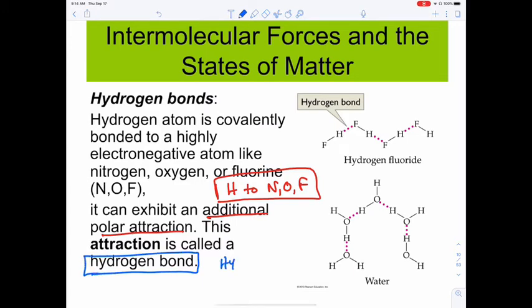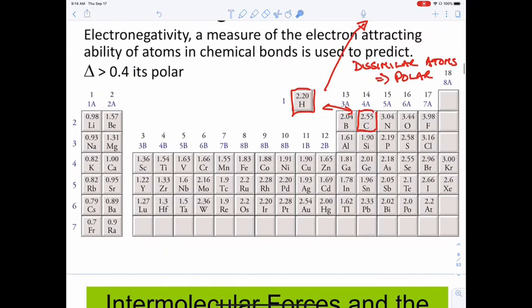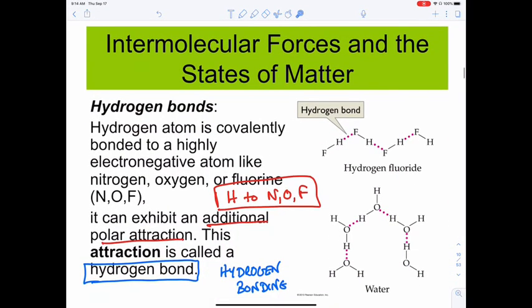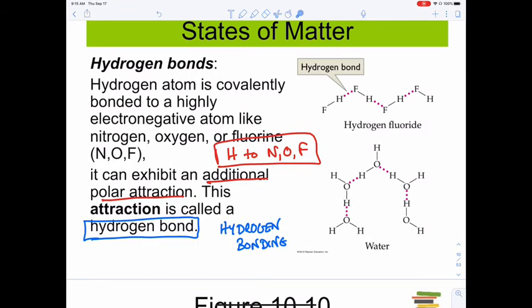Hydrogen bonding is very important in many biological systems because hydrogen is often bonded to an oxygen or a nitrogen in something like DNA, RNA, or proteins. How do I remember that it's hydrogen bonded to N, O, or F? If you look at the periodic table, these are the three most electronegative elements, N, O, F, and that's why they exhibit this special extra polar attraction. I'm going to give you quite a few examples of those.